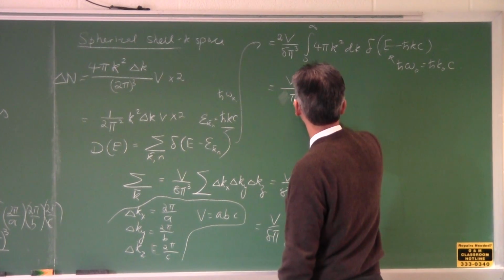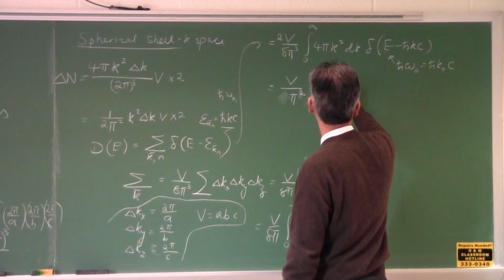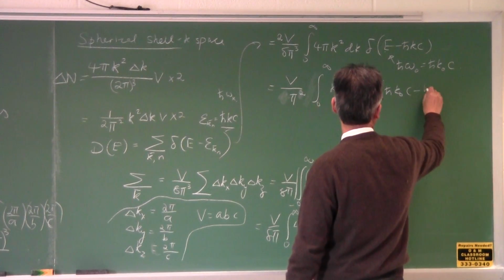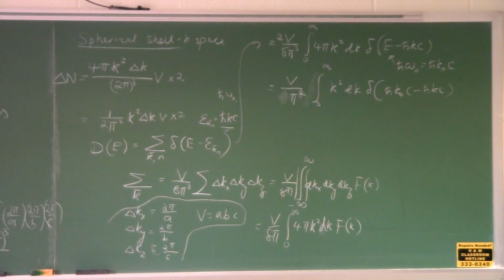So I get pi squared, 0 to infinity, k squared dk, delta h bar k naught c minus h bar kc. Okay? And how do I integrate the delta function?